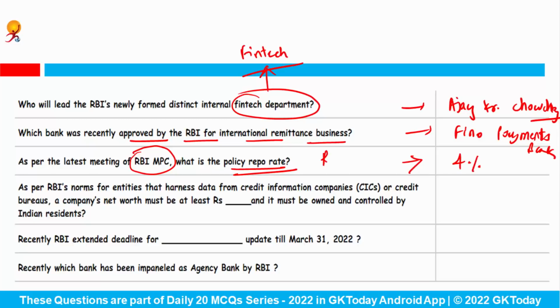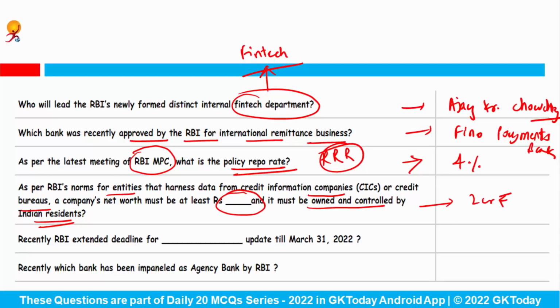Can you tell me what is the reverse repo rate right now? Then as per the RBI's norms for entities that harness data from credit information companies or credit bureaus, a company's net worth must be at least dash rupees and it must be owned and controlled by Indian residents. So for this, the company's net worth must be at least 2 crore rupees.